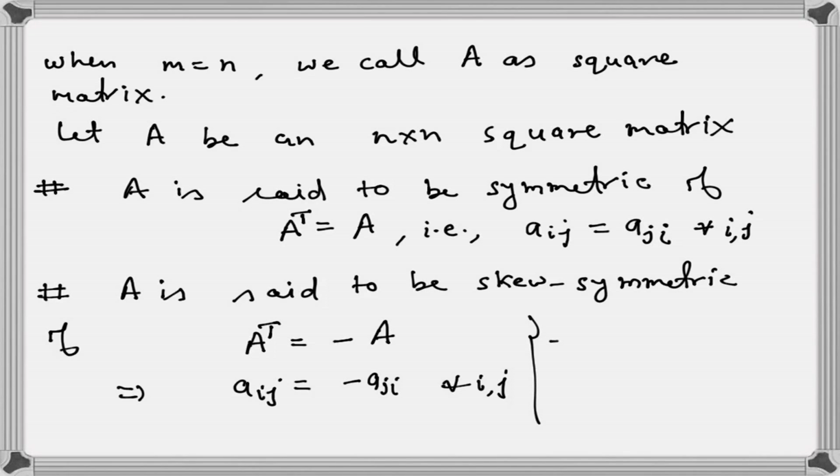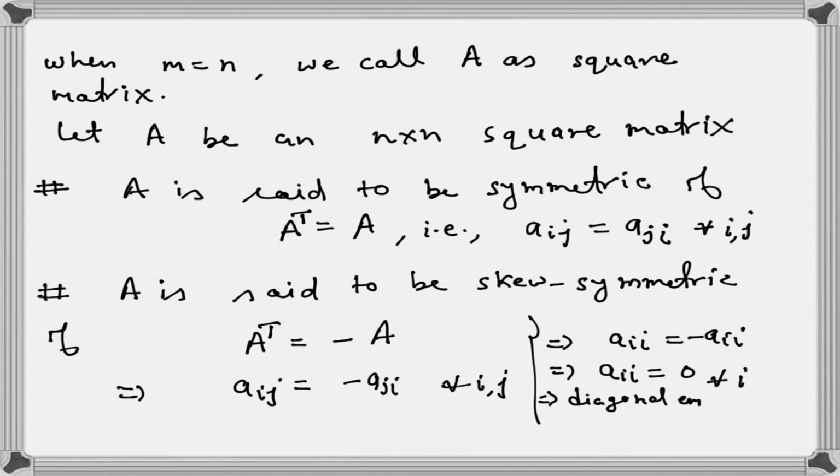This implies aii is equal to minus aii, which implies aii equals 0 for all i. So the diagonal entries are 0. So for any skew symmetric matrix, all the diagonal entries are 0.